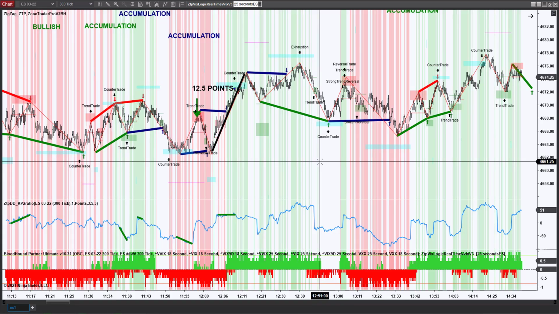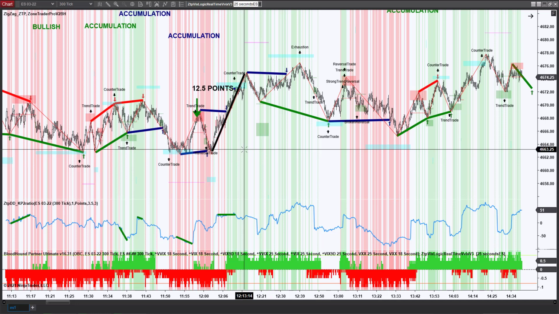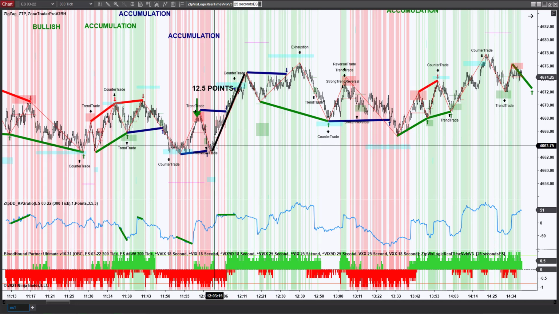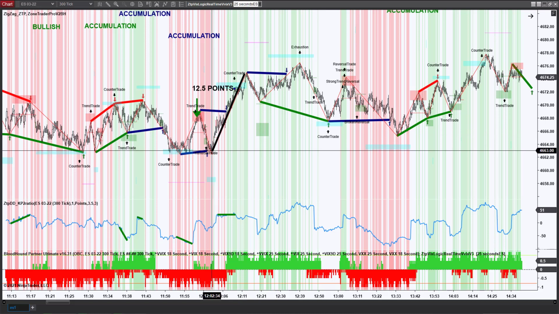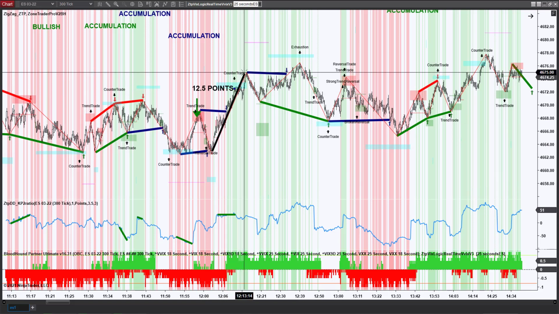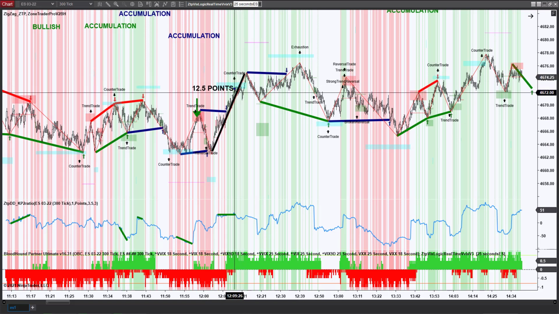Now, the point of this video is that there is also a third type of strong trend, and that is when we're talking about just overall points. Here we have a move from a low to a high of 12.5 points. And generally, when something reaches between 9 and 10, I consider that a strong trend in and of itself.